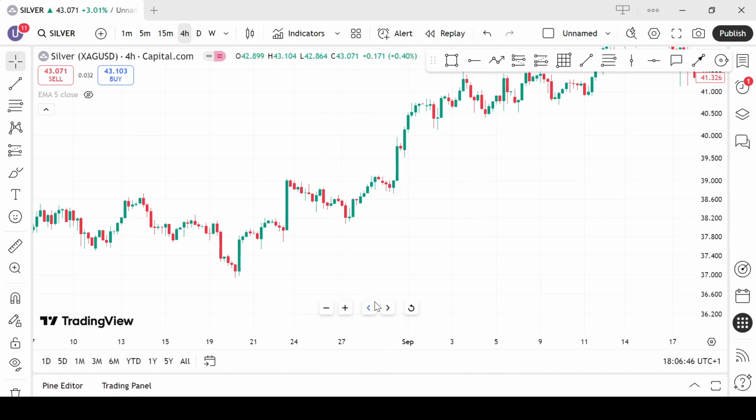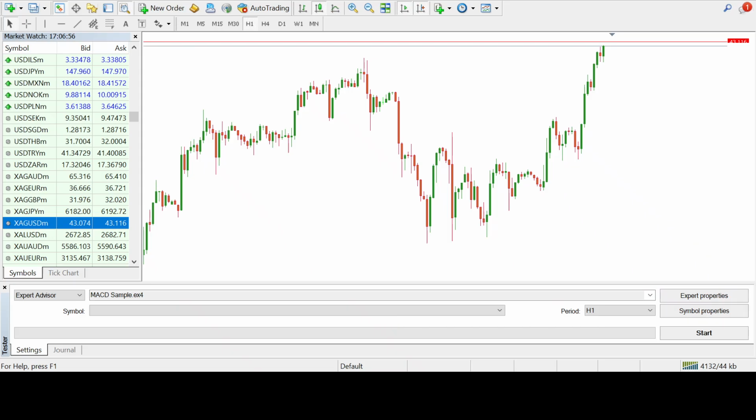Now the next platform that we can use to trade our options is called MetaTrader 4. MetaTrader 4 remains popular for Forex and CFD trading, and many traders use it for general market analysis that informs their option trading decisions.